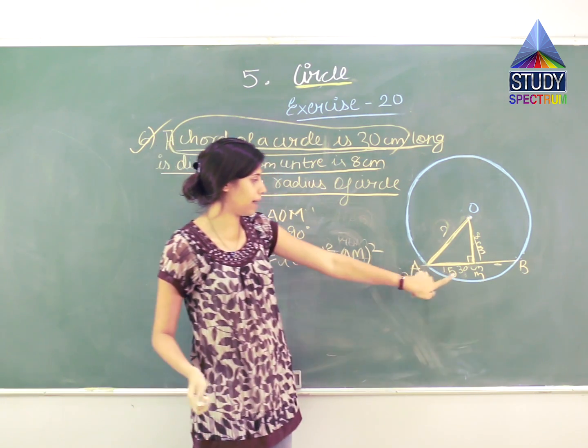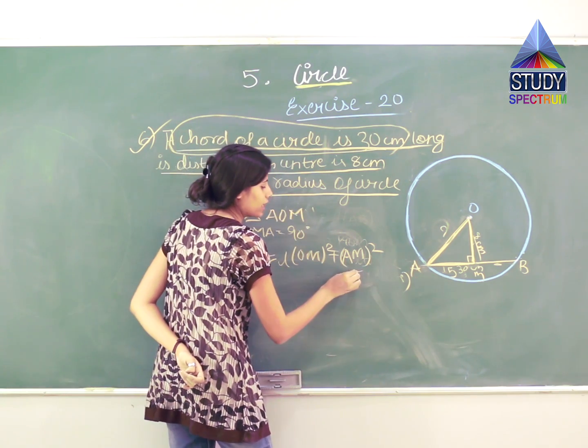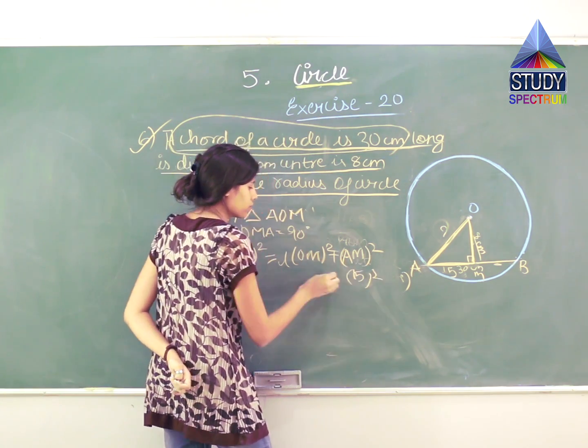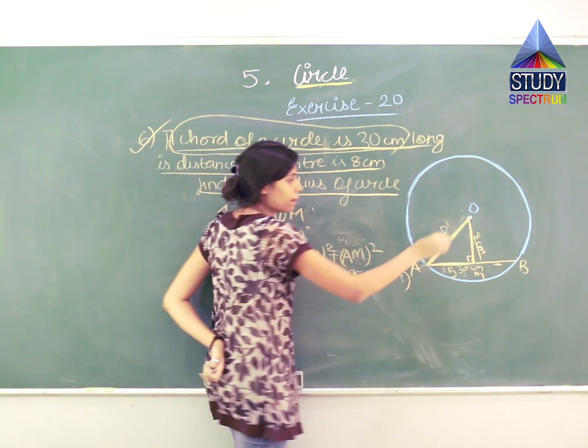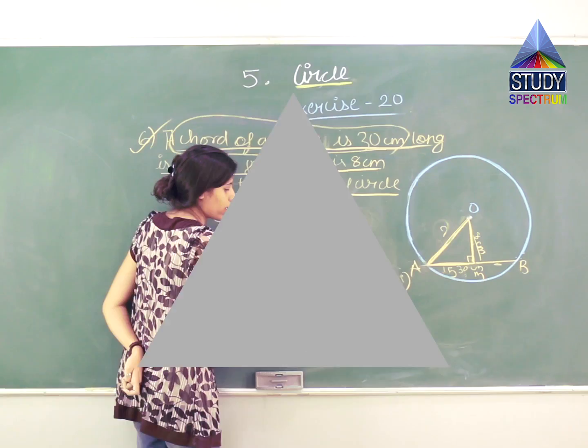Now, how much is AM? 15. So I will replace this by 15. So 15 square, plus sign, and OM we know is 8 centimeter. So I will write 8 square.